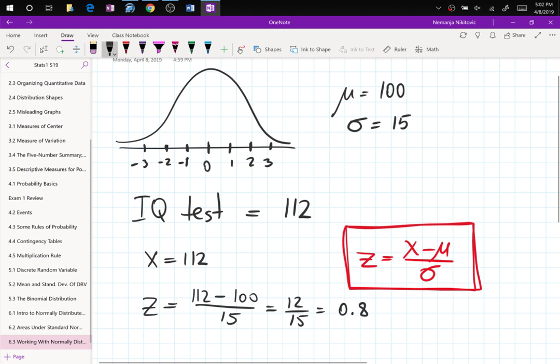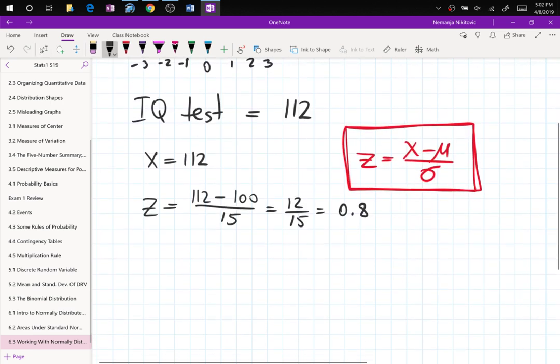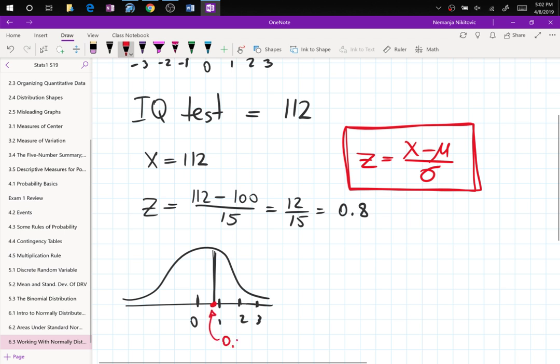And now, for 0.8, when you draw the normally distributed curve with a 0, and then 1, 2, and 3, this value here is your 0.8 z-score, which is also equal to x equals 112 on the IQ scale.